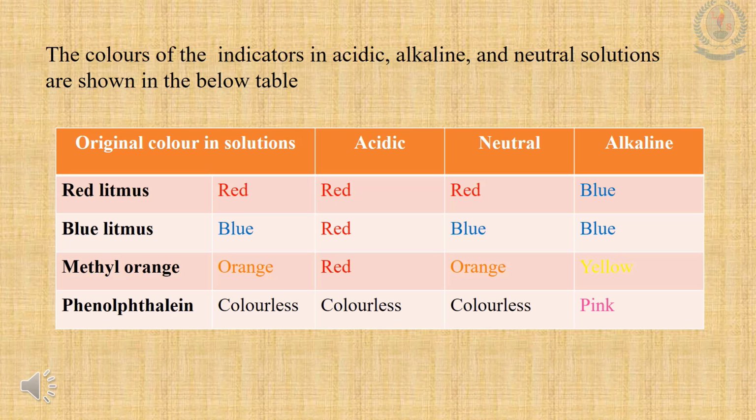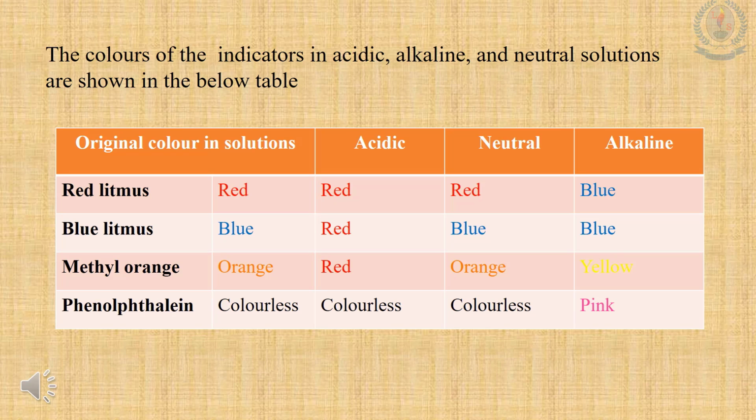Now let's see blue litmus. Blue litmus color is blue. In acid, it's changed into red color. In neutral, doesn't change, color is blue. In alkaline, blue litmus doesn't change, the color remains as blue.